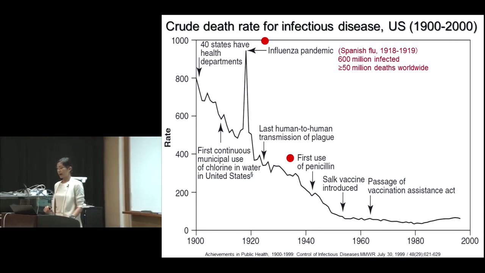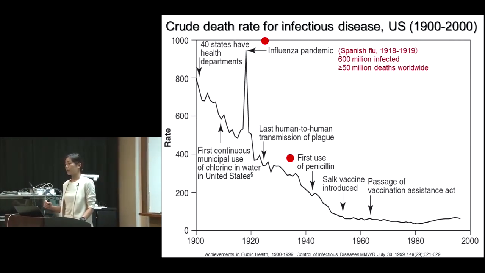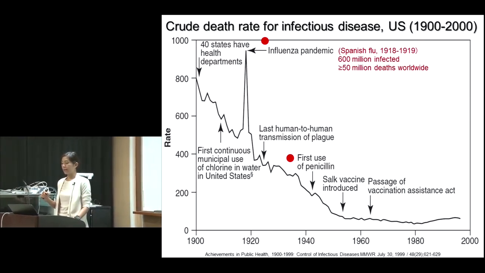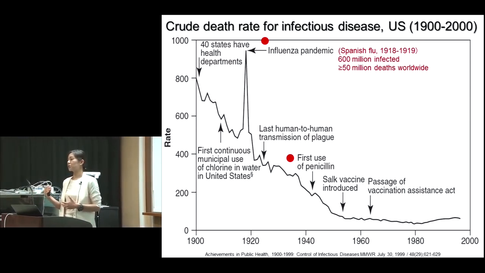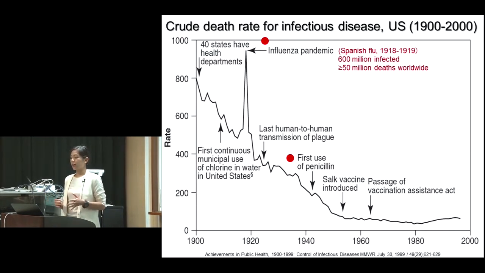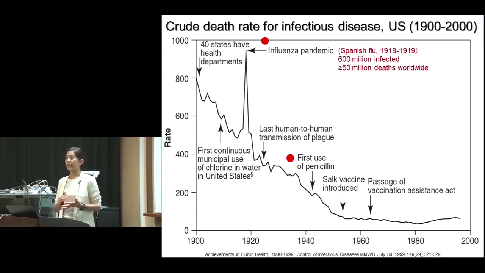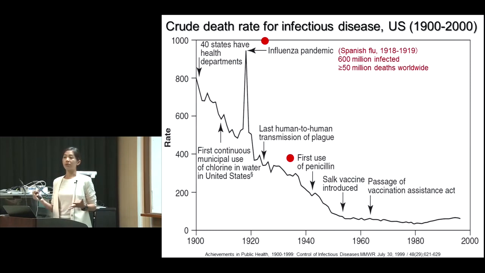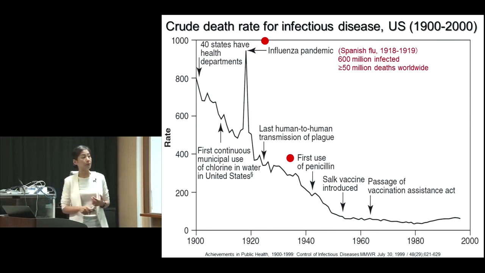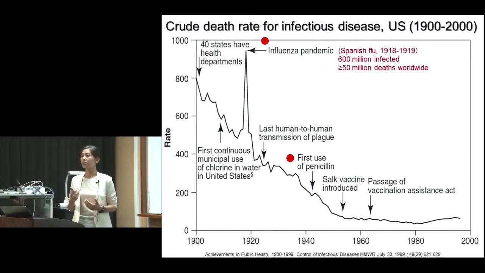So also maybe the overall economic growth helped contribute to less crowded housing, maybe the increased awareness and education, improving working conditions and better nutrition also contributed to this decline.